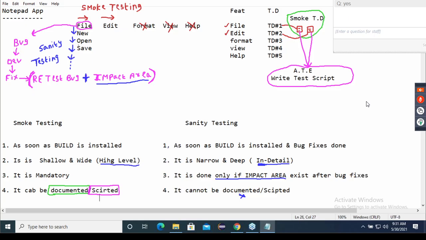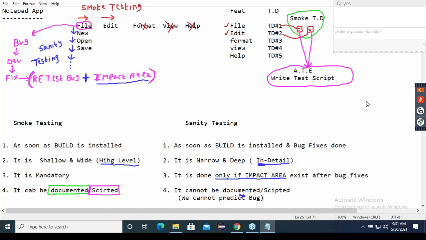Now, can you document the sanity testing? Think and talk. Can you document? Correct, no, because we cannot predict the bug. How many of you are understanding this? Simplest answer you tell me: is sanity done before testing or after testing?